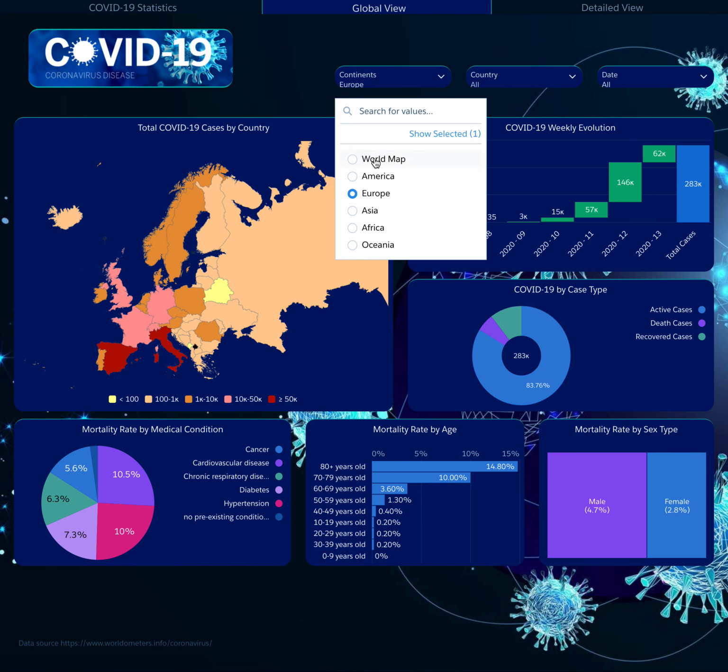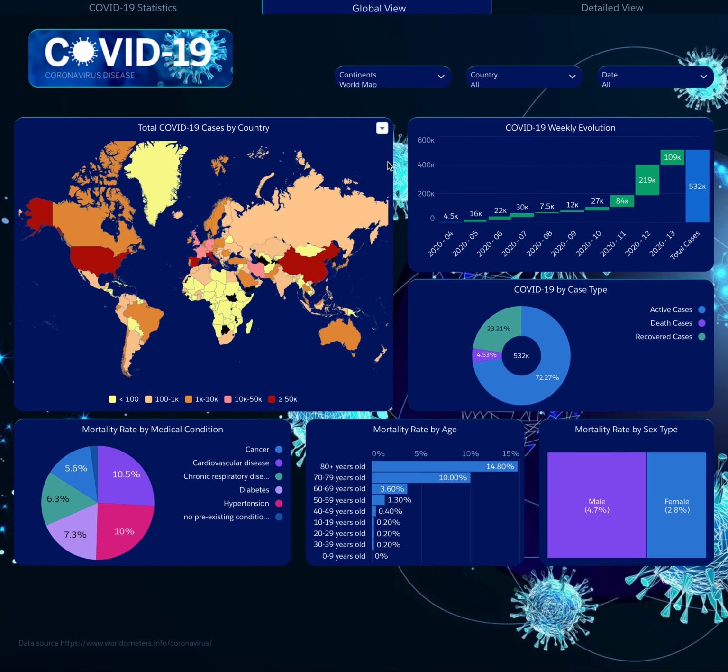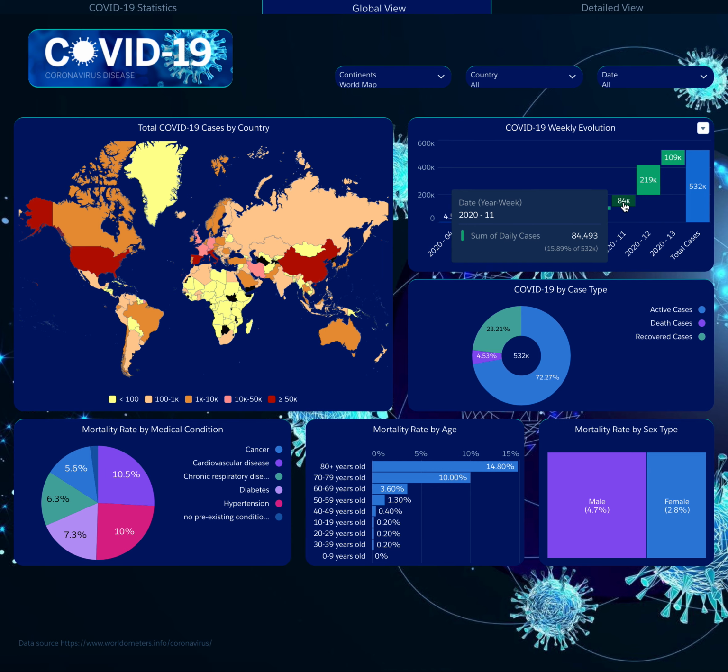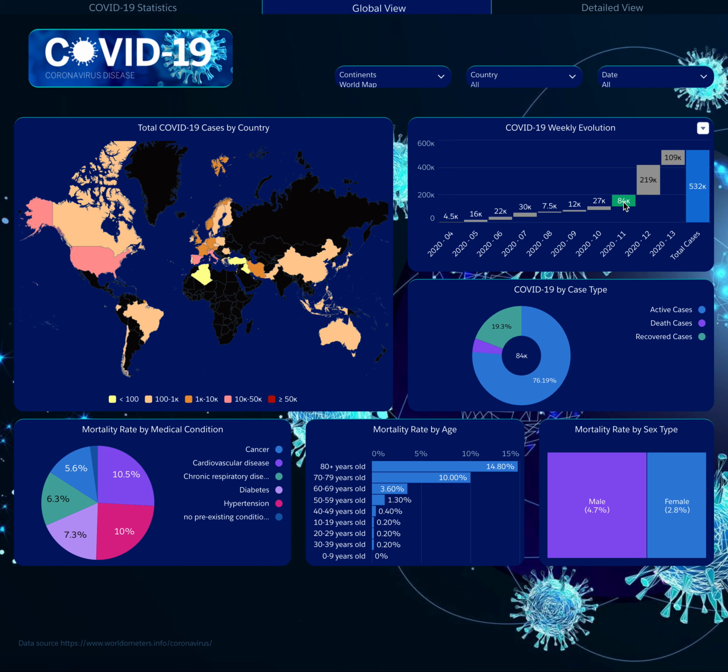Let's go back to the world view and look at the next chart, which is the weekly evolution. As I mentioned to you on the first page, week 12 was a week that made a huge difference in the number of cases. Almost half of the total cases were actually happening in week 12. If we look one week before, which was week 11, click on it to filter the data, you'll see that there were only a couple of countries affected.